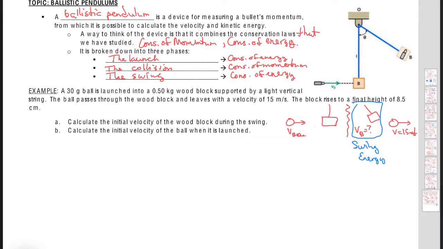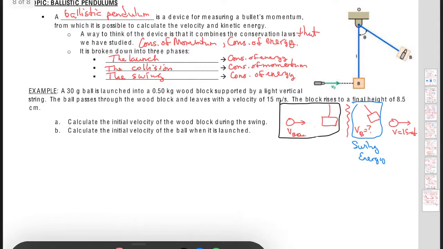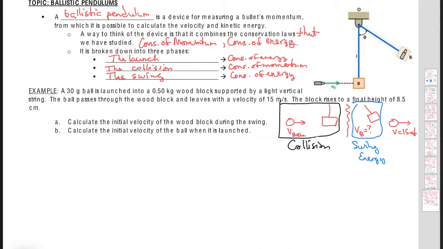For part B, this area, we're going to look at the collision, which means we're going to use momentum.